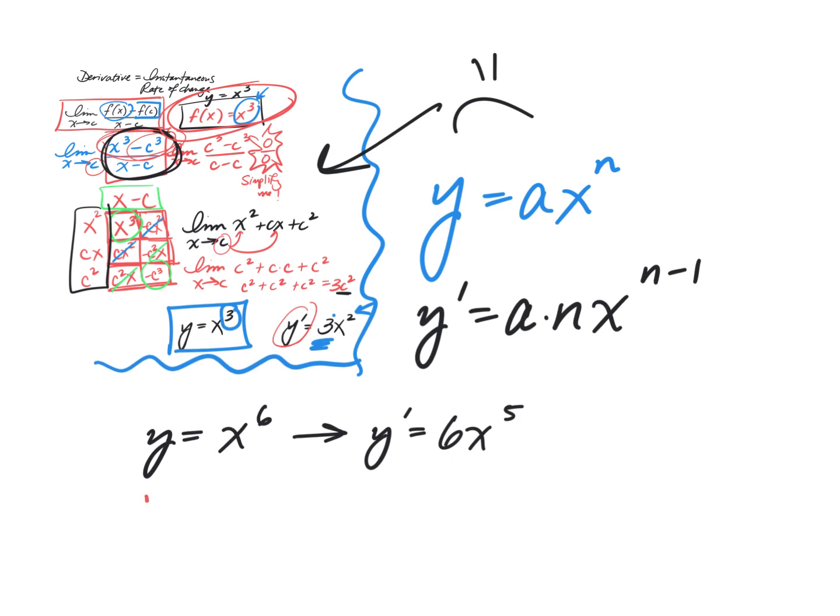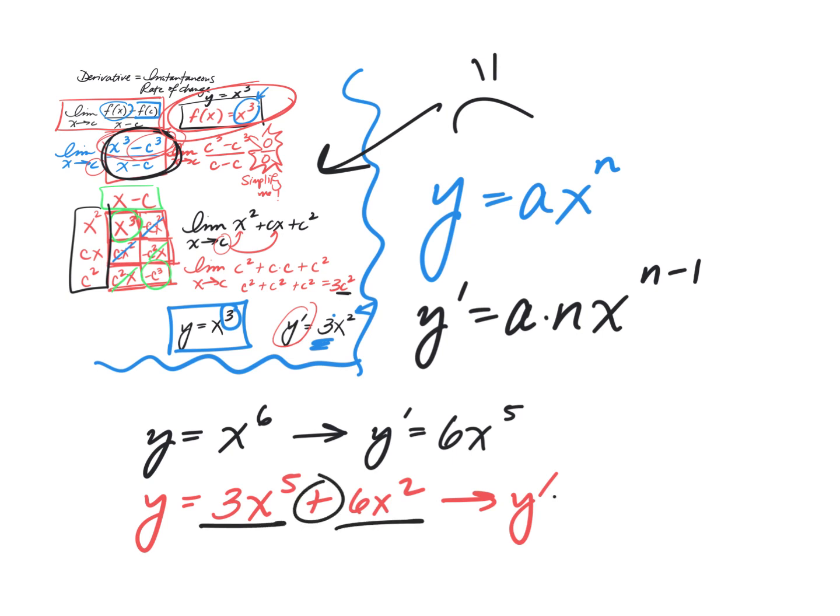So it can get more complicated by having multiple terms, which you're probably like, that's not too crazy. It really isn't. So let's say we have 3x to the 5th plus 6x squared. The derivative of that, I'm just going to take it one at a time. So I've got my term 1, I've got my term 2, I've got a plus in between. So my derivative will have a term 1 and a term 2 and a plus in between. So the derivative of my first term, I bring the power down and multiply. 3 times 5 is 15.